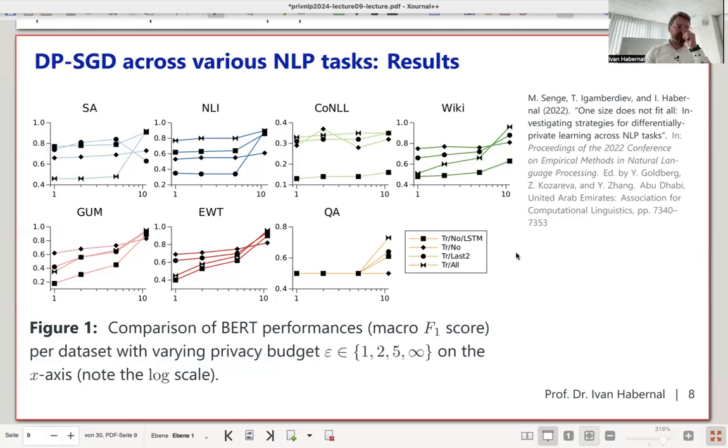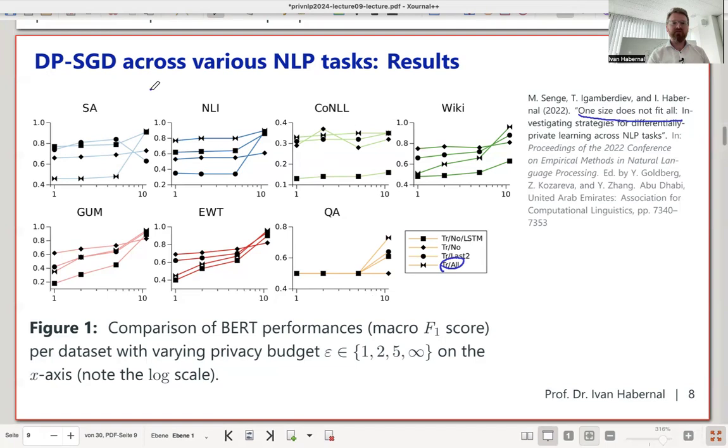Anyway, as you might guess from the title of this paper, one size does not fit all. There's actually no clear strategy for how to do it across tasks and across different training strategies. So we try to use, for example, BERT with fine-tuning the full BERT. Here I'll take one example just to highlight.